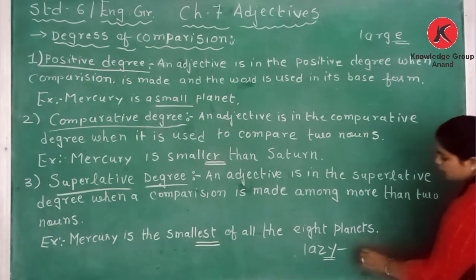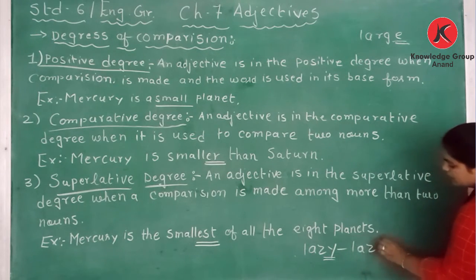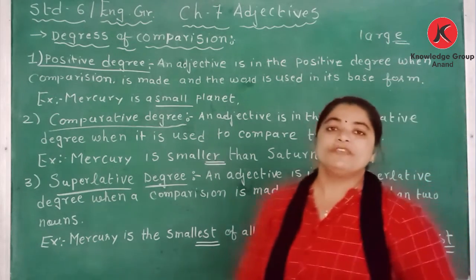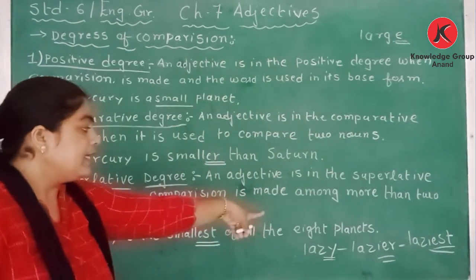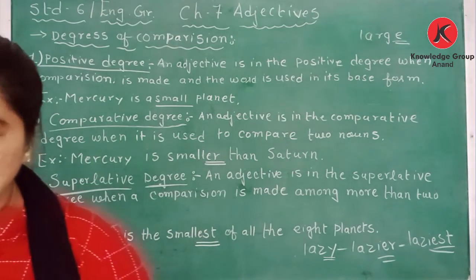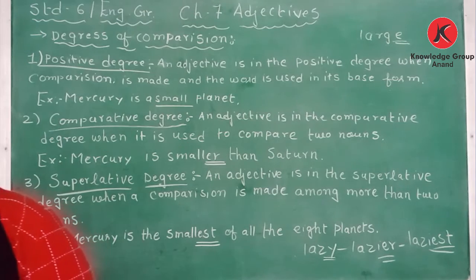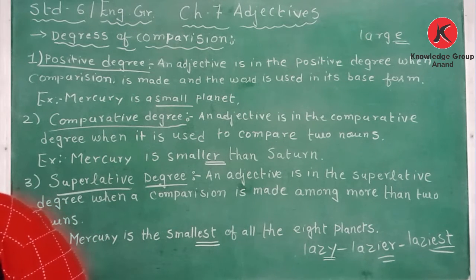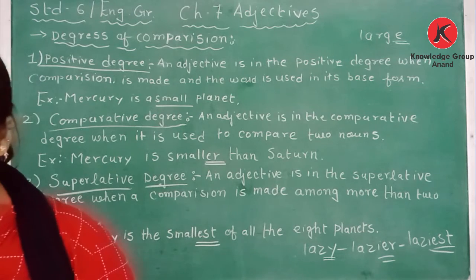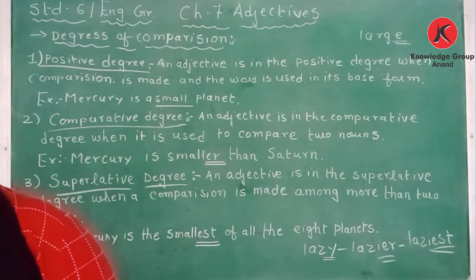So when we change it, it becomes lazier and laziest. This is the way the words which are ending with Y take ER and EST.